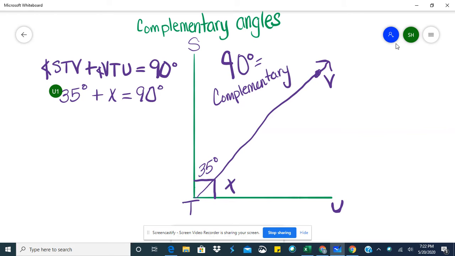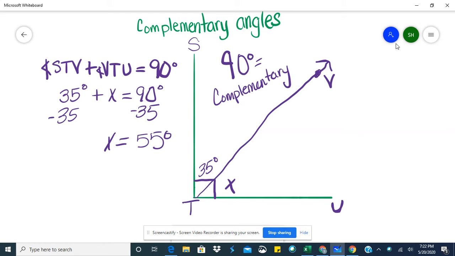Now you're just solving for X. Subtract 35, subtract 35, X equals 55 degrees.